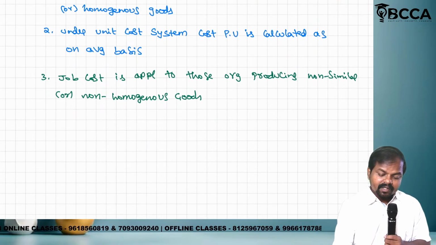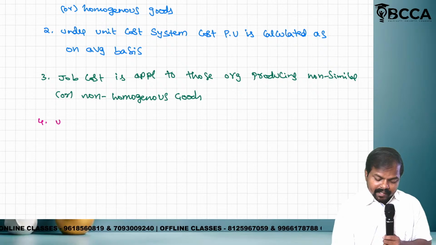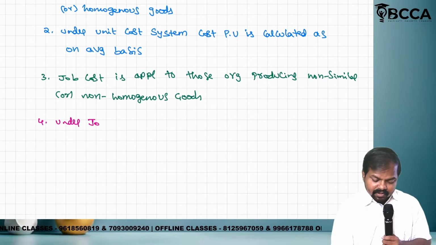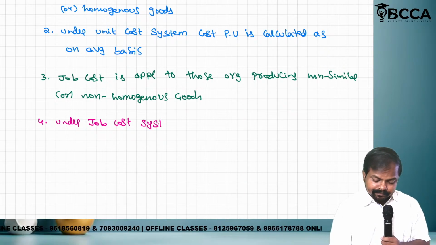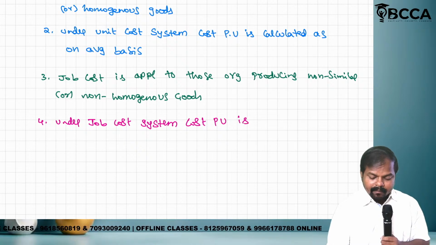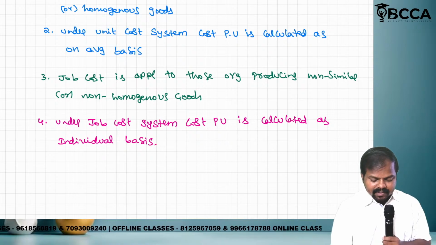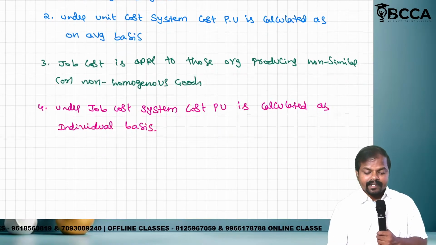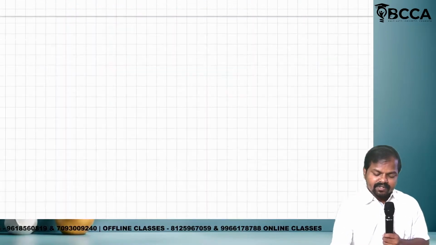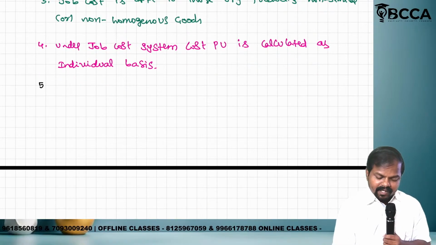Under the job cost system, cost per unit is calculated on an individual basis. Correct? What we discussed, point number 5.